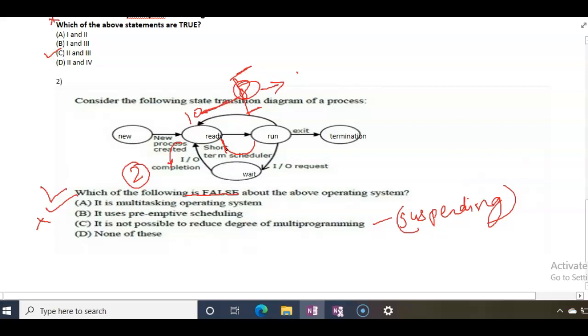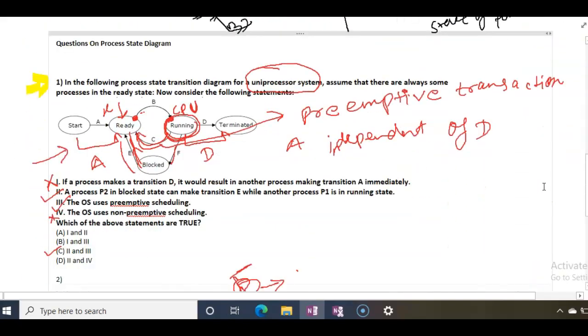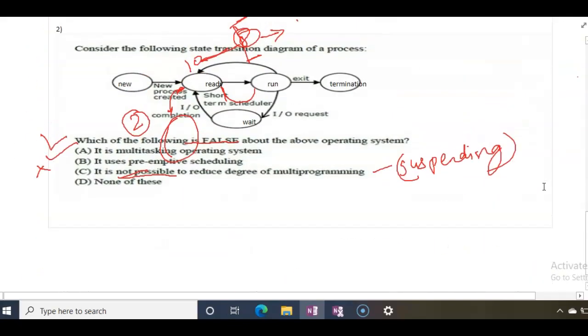So looking at this diagram, here it is written that it is not possible. Here you are not seeing any such suspension state that I have mentioned above. Looking at the process state diagram again, there is a state like suspension ready, but in the question's diagram there is no suspension ready state.